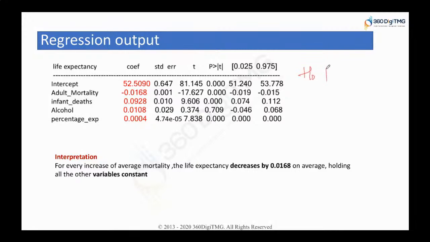It will be nothing but whatever beta is, that is equal to 0. It means you are assuming that there is no relation between x and y. Right? So what will be your alternative? Beta not being equal to 0. Right? We infer that the variable is significant enough.